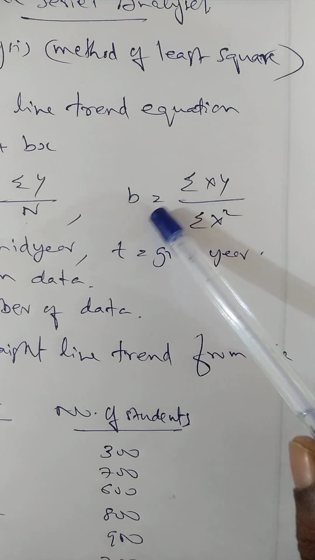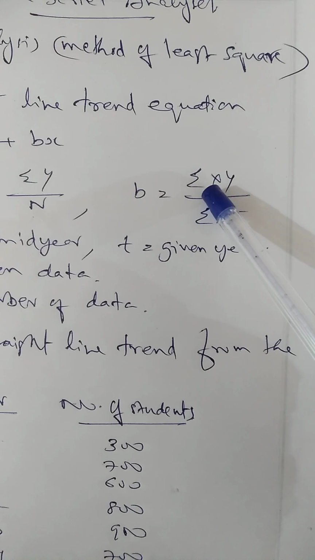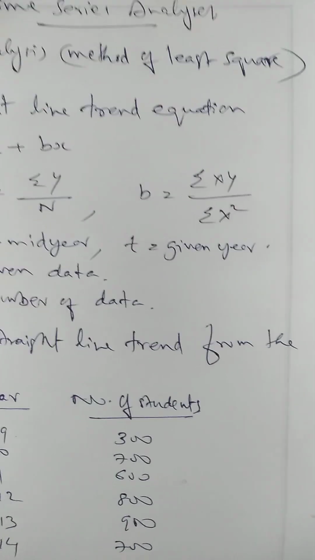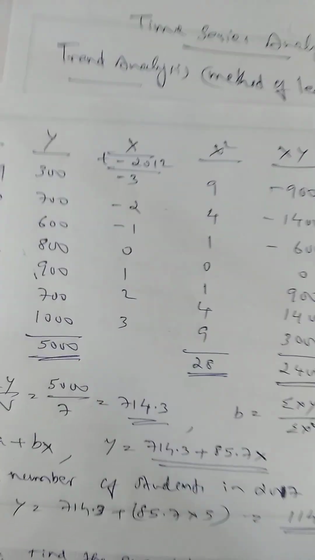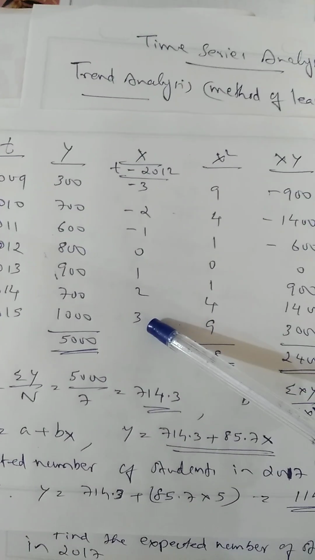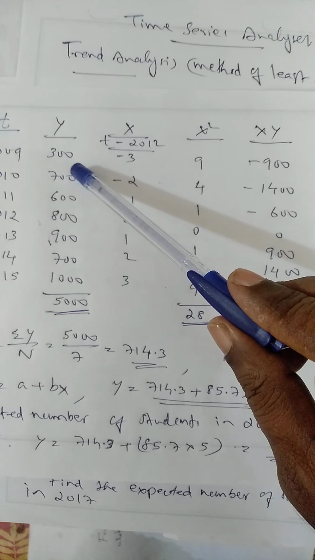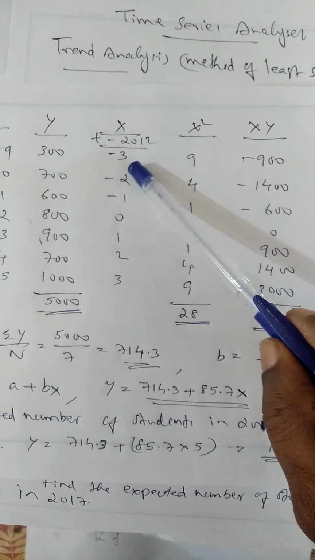Okay. Now come to this equation. b is equal to sigma xy divided by sigma x square, isn't it? So we have to calculate xy. Now y values are here. We found out the x also. So you have to find xy. Each y and its corresponding x should be multiplied.